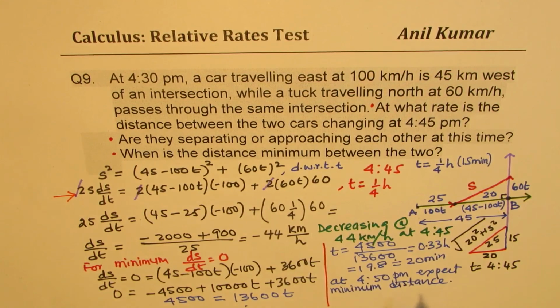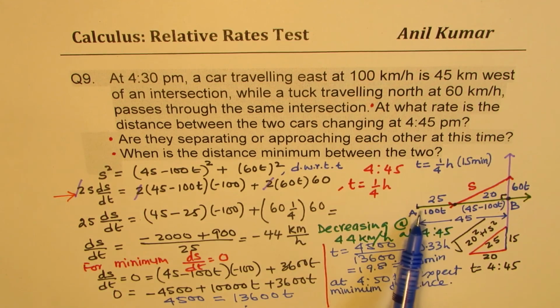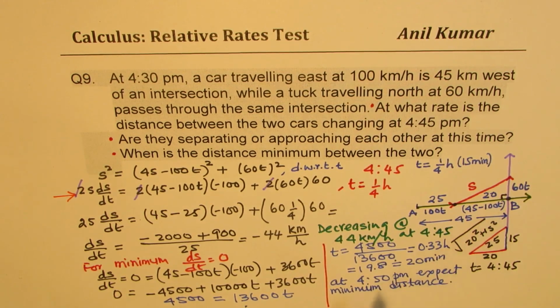That also verifies that after 15 minutes the distance is decreasing. So the distance is actually decreasing, and after 4:50 it will start increasing. It will have a minimum distance at 4:50. Does it make sense? So that is how you can solve this particular question.